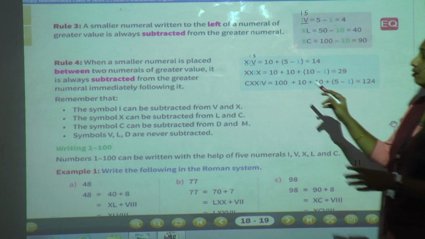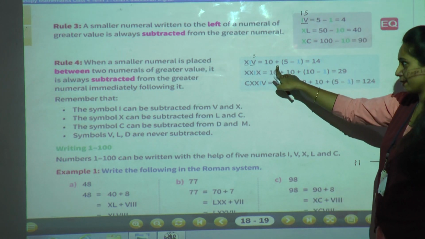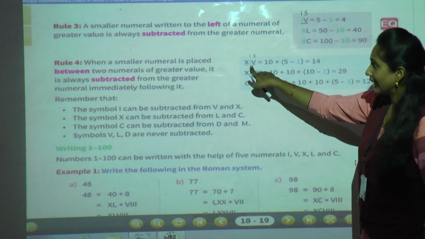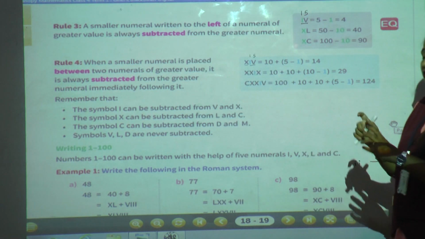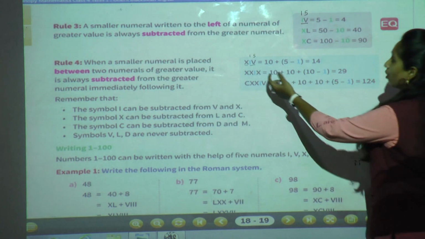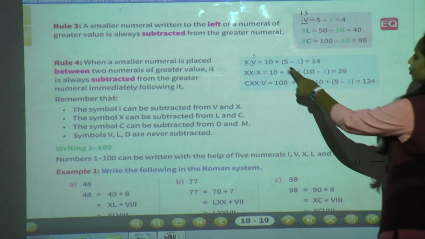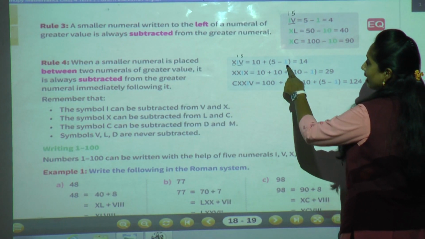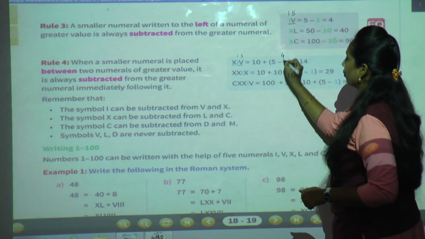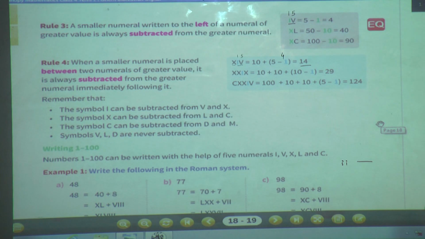We have to subtract immediately, like 10 plus. When a smaller numeral is written to the left side of the greater value, what we have to do? Subtract. So we have done here 5 minus 1. So 5 minus 1 becomes 4. So 10 plus 4 is 14. Got it? In this way.